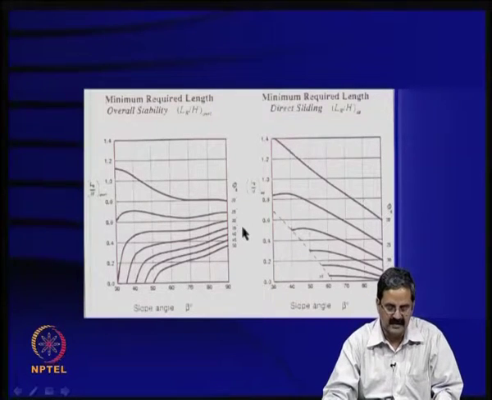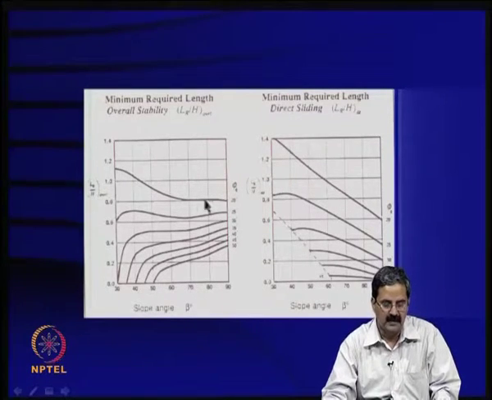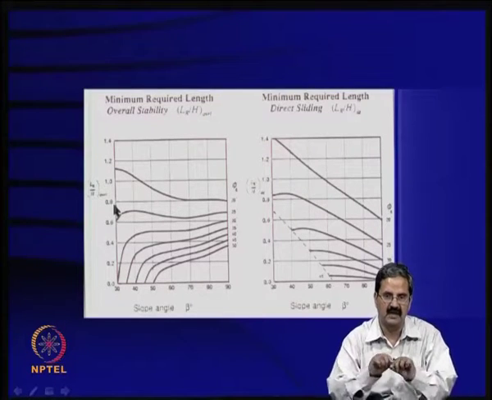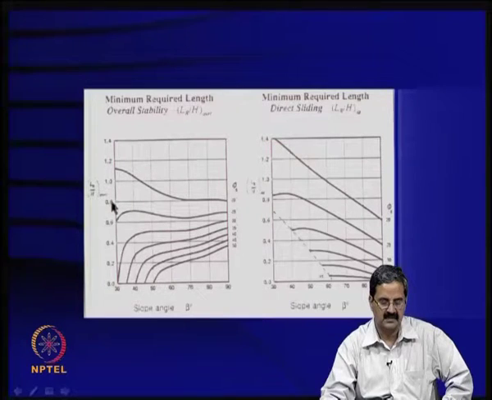You can see the same thing here: if the wall is vertical and the friction angle is 20 degrees, it is 0.8 times the length of the reinforcement.